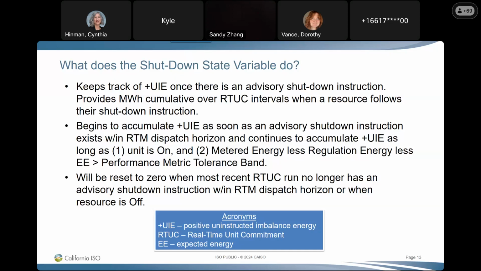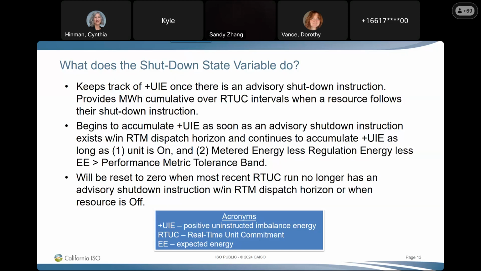The performance metric tolerance band in this calculation is 5 megawatts divided by the number of settlement intervals per settlement period, or 3% of the relevant generating unit's PMAX registered in the master file, divided by the number of settlement intervals per settlement period.